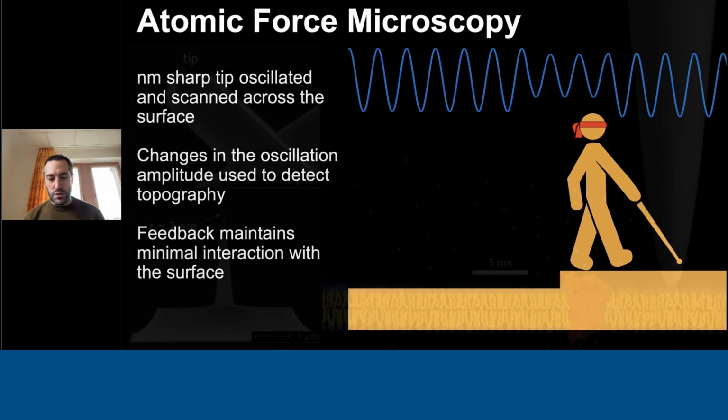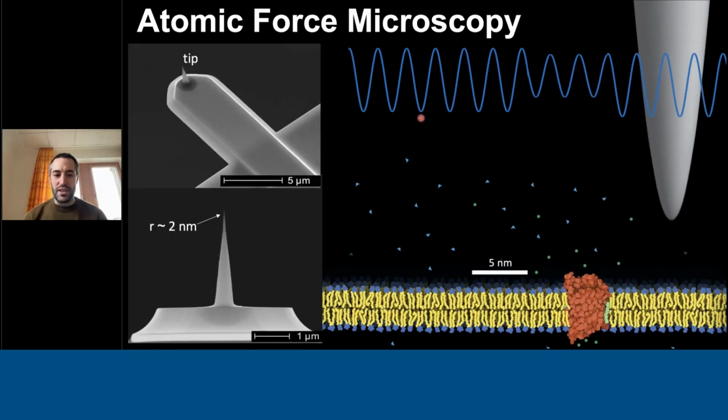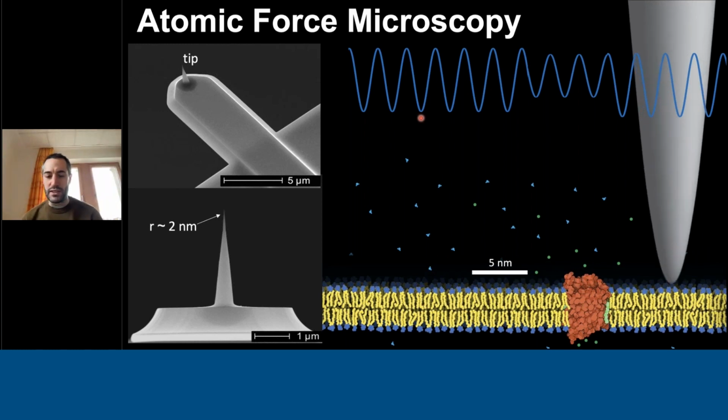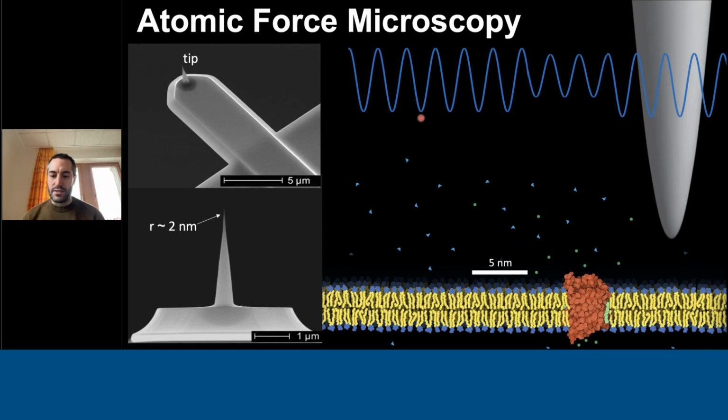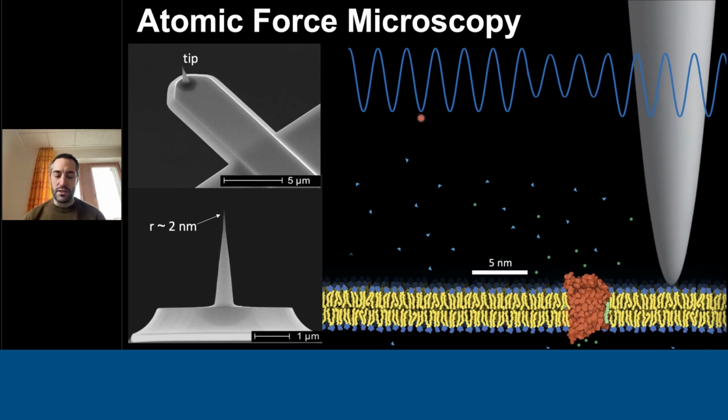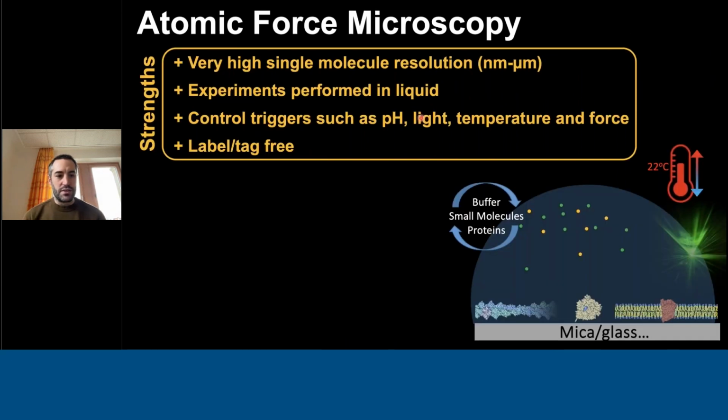But we don't do it with a stick, we do it with a very sharp tip, and we might be oscillating around 2 to 5 nanometers or even less on very soft samples. And we do this to build up the image. So this gives us very high single molecule resolution, down to sub-nanometer occasionally. It can perform the experiments in liquid.